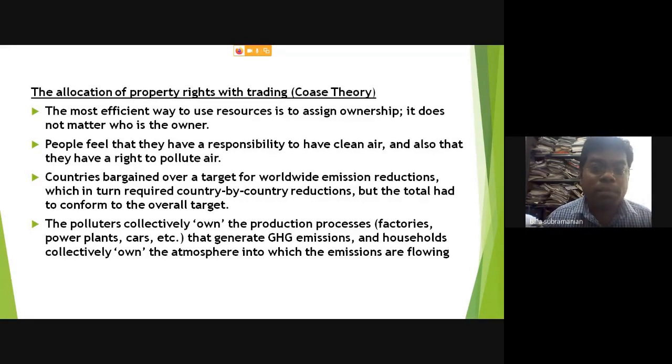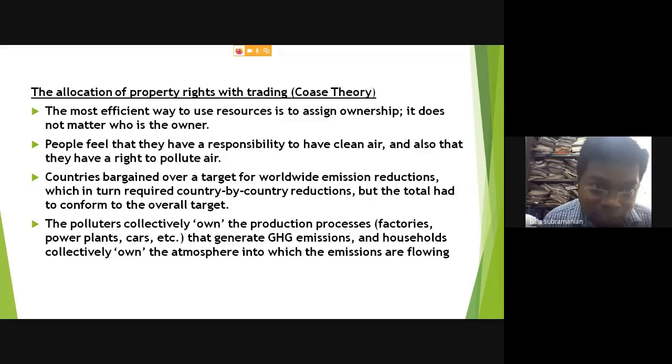For example, there is one property whose owner is A, and B is the neighbor. A is disturbing B, so A and B have to assign the property in terms of a compromise.